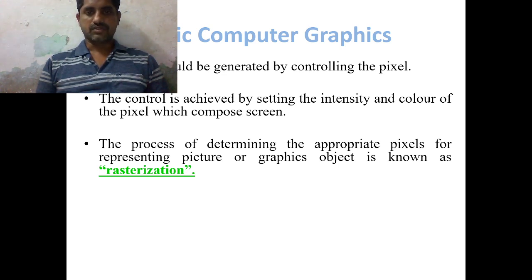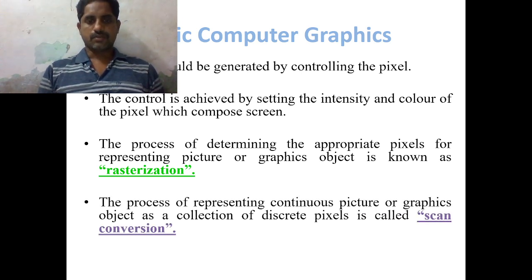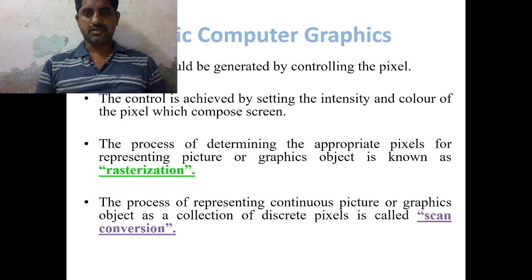The process of representing a continuous picture or graphic object as a collection of discrete pixels is called scan conversion. This is most important in a graphics system: rasterization and scan conversion.